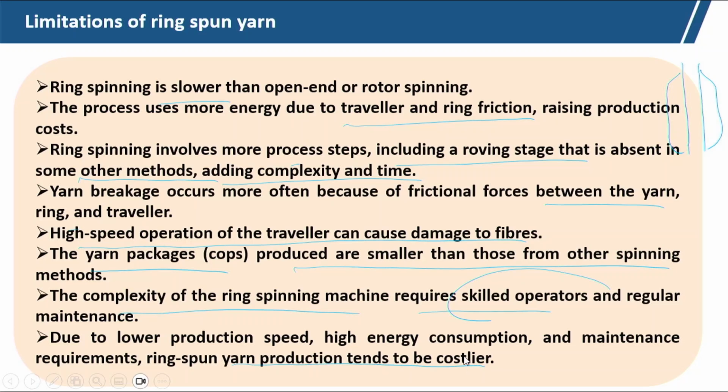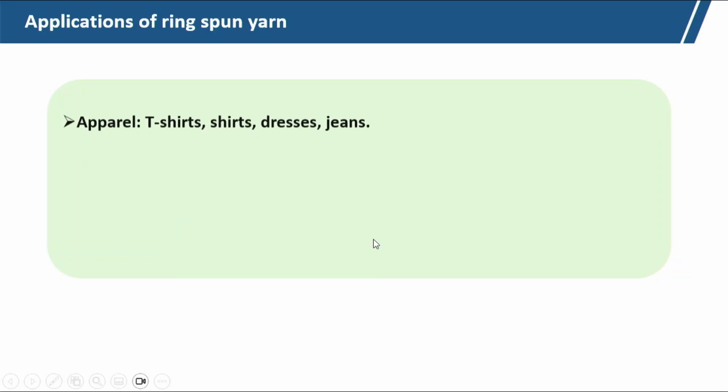For very specialized applications, like protective garments, we should use this ring spun yarn, otherwise we can go for filament or other modes of spinning. The applications: in apparel, like t-shirts, shirts, dresses and jeans, we use ring spun yarn where flexibility and comfort are important.